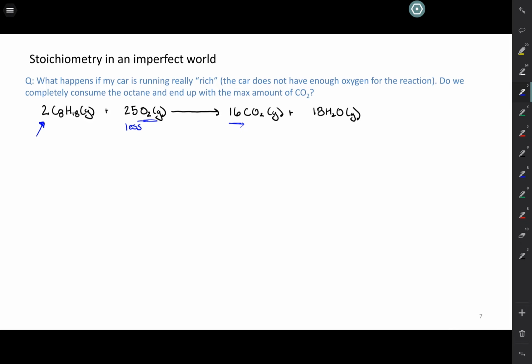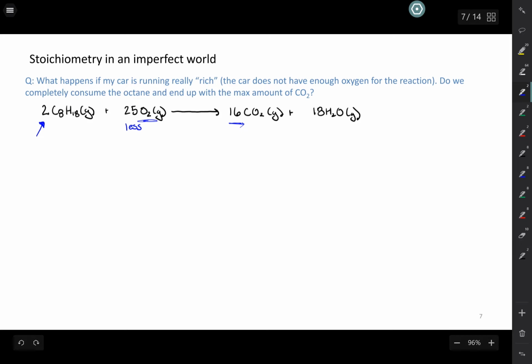Yikes. So how are we going to do that math? How can we figure out how many moles of CO2 I'm making? We can use dimensional analysis to calculate how many grams of O2 we need in order to have that 2 to 25 stoichiometric ratio.